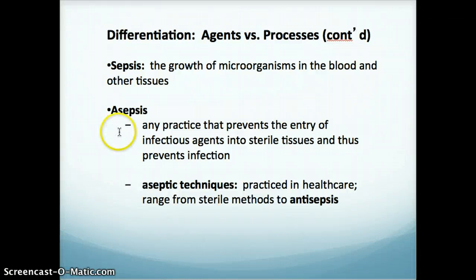So the opposite of that would be asepsis, and that's any practice that would prevent infectious agents into sterile tissues, which could cause infection. So we want to prevent that. That's why we use things like aseptic techniques, keeping it from contaminating or infecting things, and it's practiced in healthcare. And this can range from sterile methods to antisepsis.